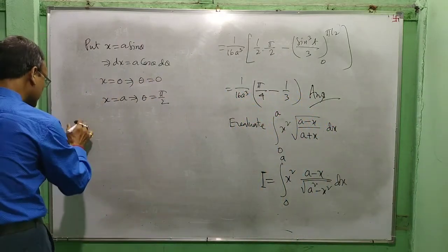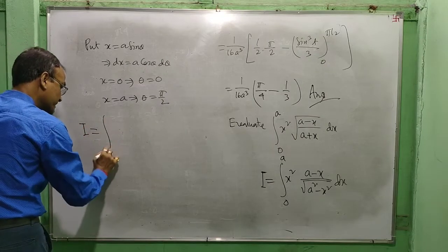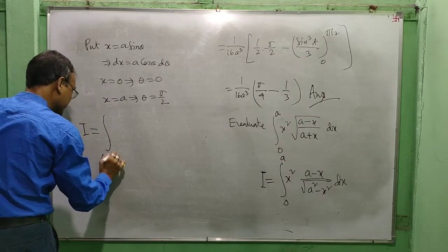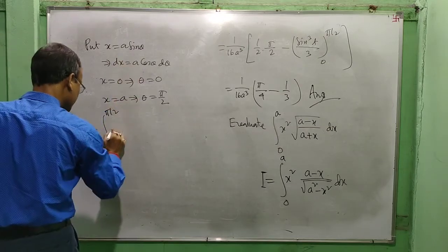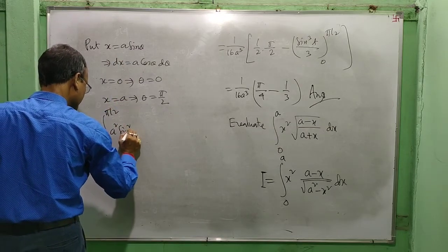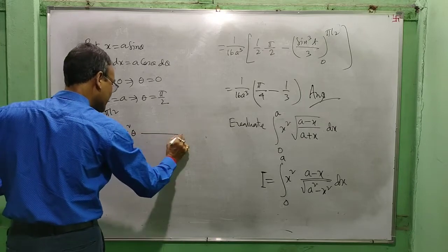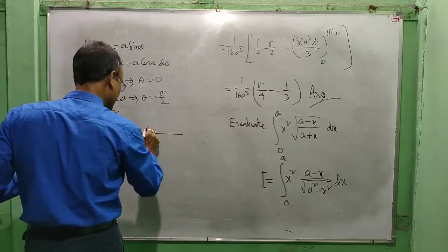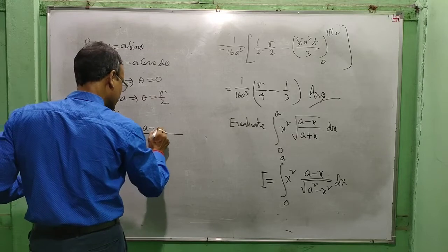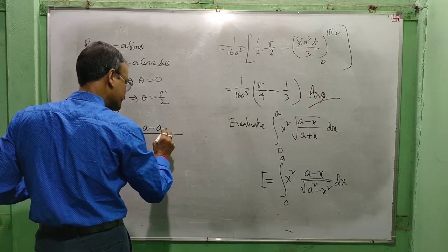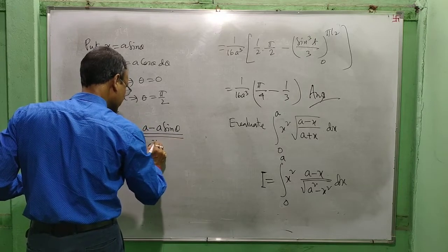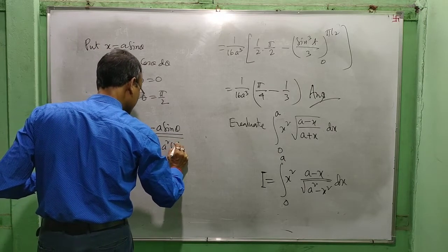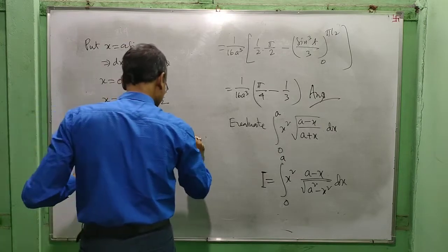Therefore, the integral will become integration theta equal to 0 to pi by 2 of x square sin square theta, that is a sin theta, into (a minus a sin theta) over root over a square minus a square sin square theta, a cos theta d theta.